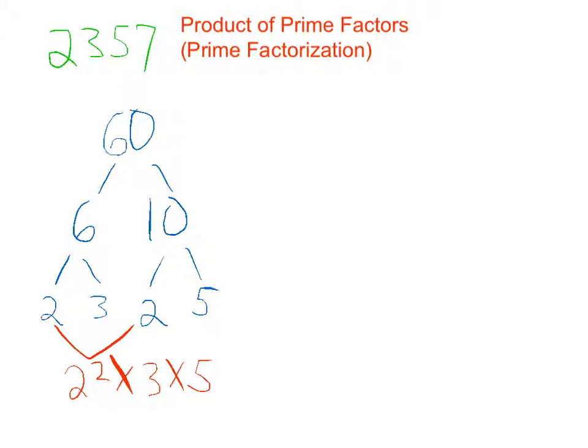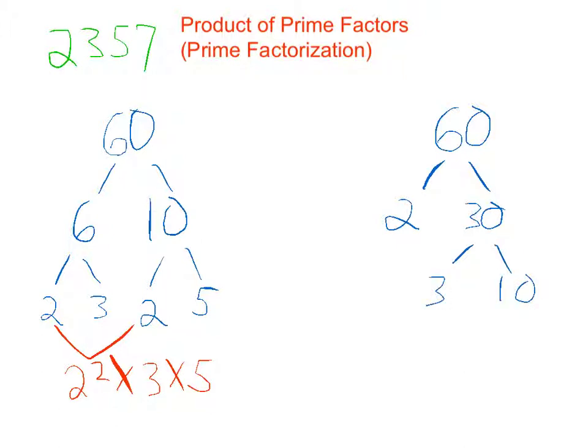I can do this another way, just to show you that we should come to the same answer. If I go over here and multiply 60 together, I could say, well, I know that 2 times 30 is 60. 2 is prime, so I can leave that alone. 30, I can get 3 times 10. 3 is prime, I can leave that alone, and 10 is 2 times 5.